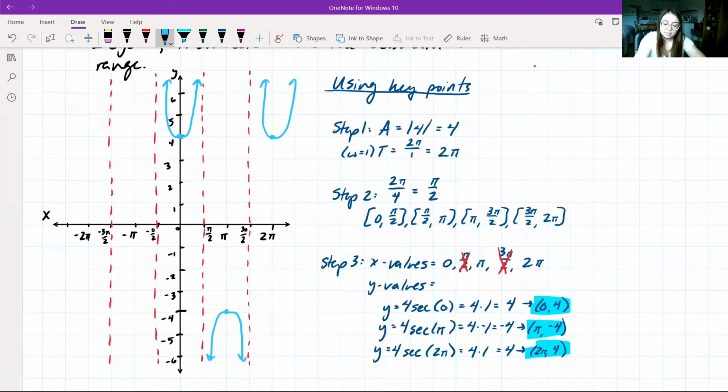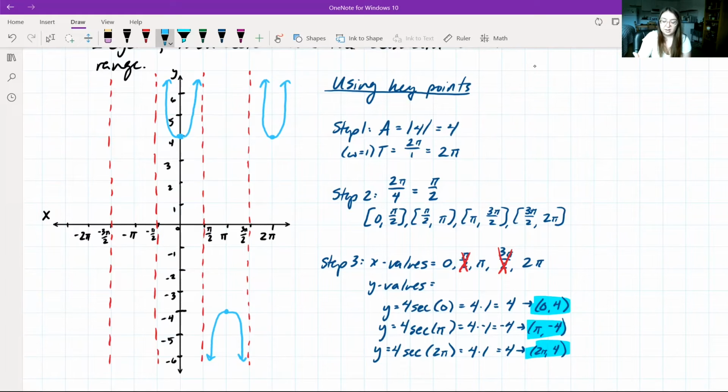We can draw the next side of our parabola if we would like as well. All right, so this covered a little bit more than one period considering that we went back to negative pi over 2. But now we can continue on using the formulation that we've already created.